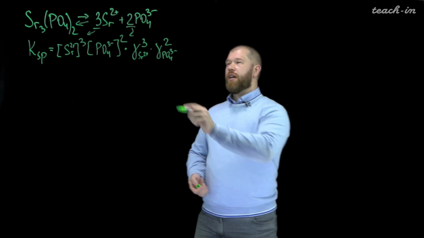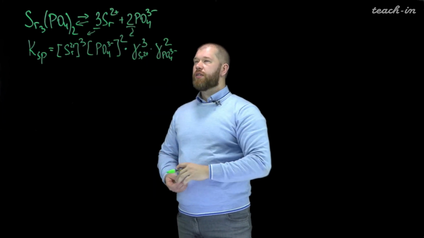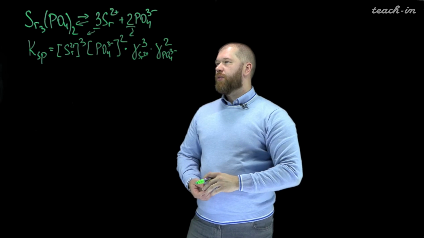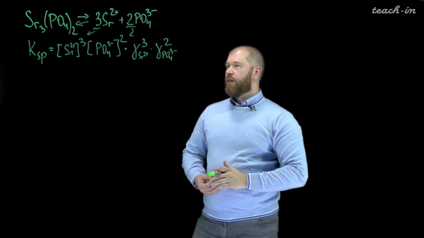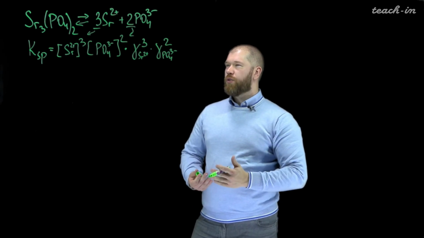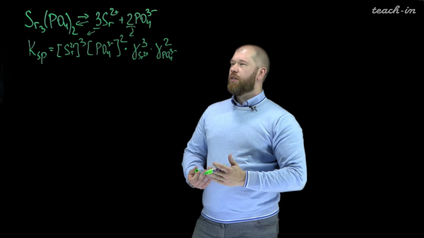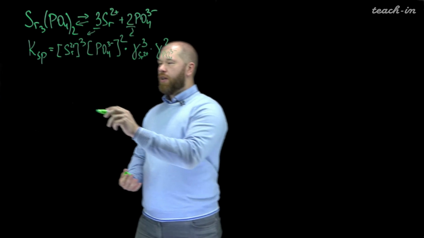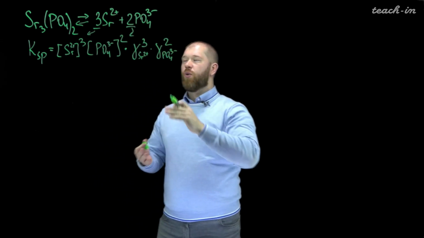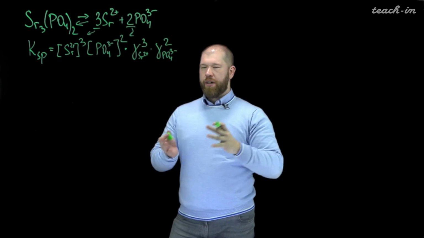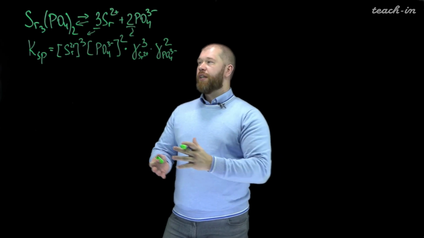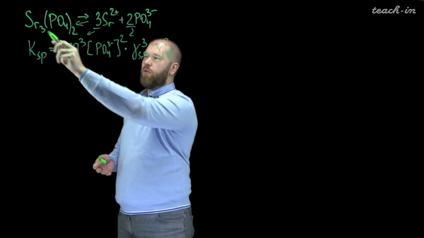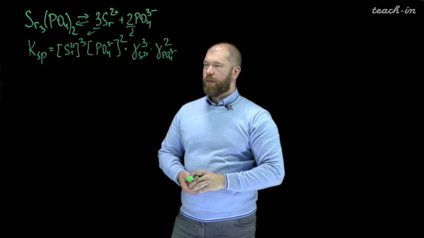From this equation, you can see that the concentration of phosphate anion is related to the concentration of strontium. And from this equation, all the strontium ions and phosphate ions can come only from the strontium phosphate.